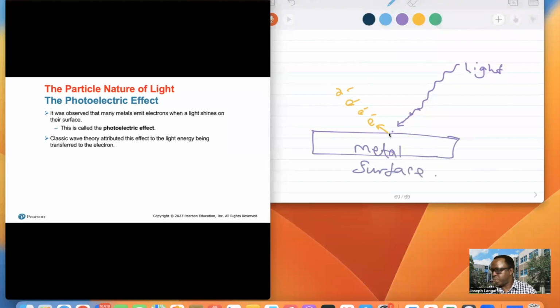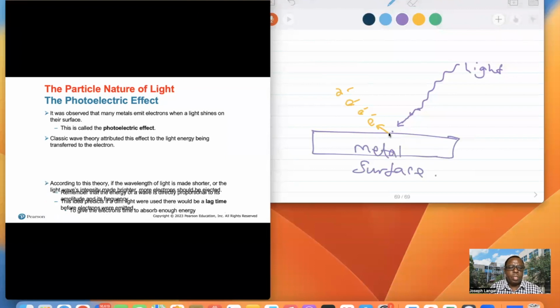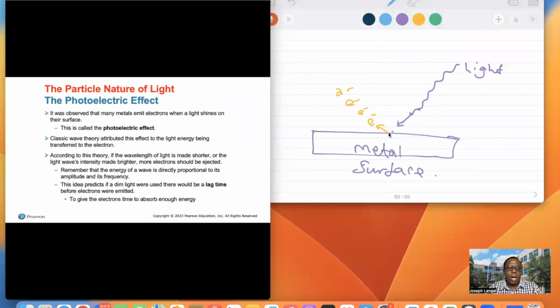According to the theory, if the wavelength of light is measured, which means this wavelength right here, and the light wave intensity is made brighter, more electrons will be ejected. But this is not the case.